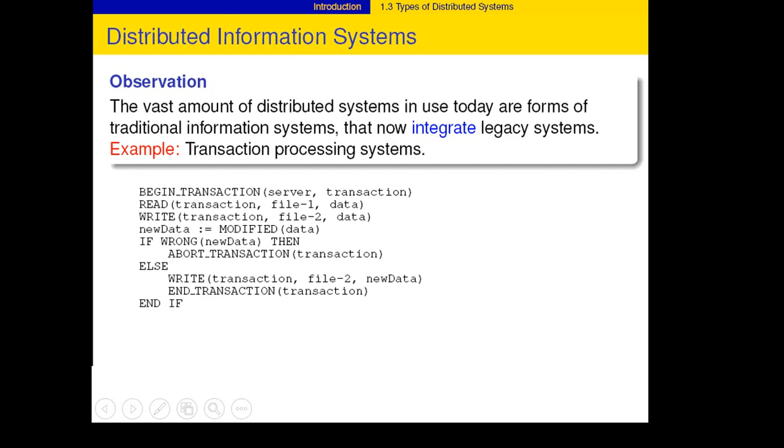By the second statement, which is write, the data are stored on file 2. After that, new data is equal to modify procedure, modify data. Modify is a procedure that changes data, and new data is obtained by using the modify procedure.